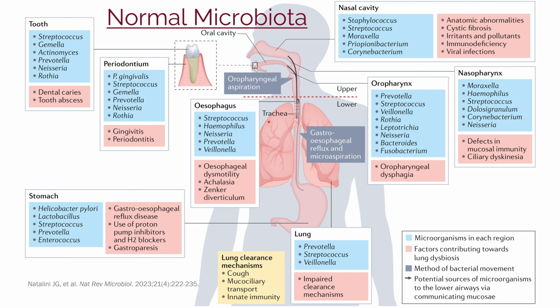And of course, there are three major lung clearance mechanisms, such as coughing, mucociliary transport, and the innate immune system that keeps the bacteria relatively low in the lungs. And that explains why certain individuals are at higher risk of developing lower respiratory tract infections.